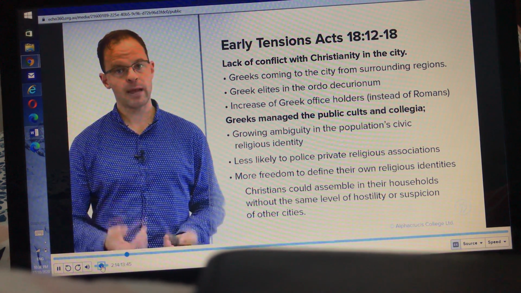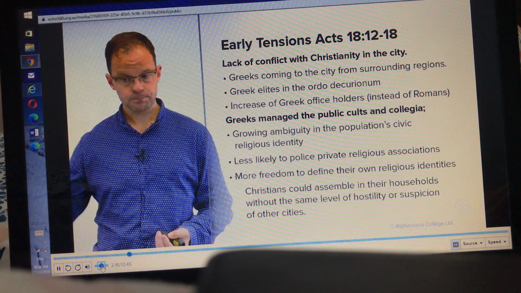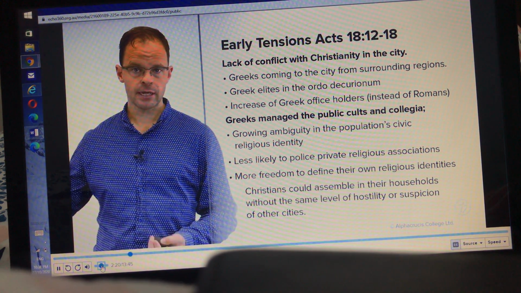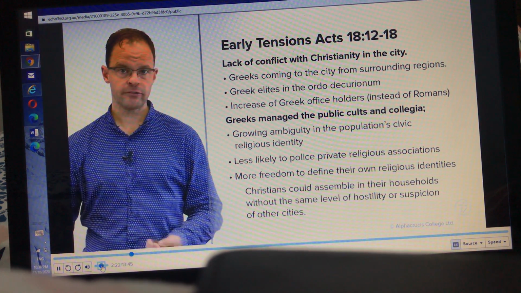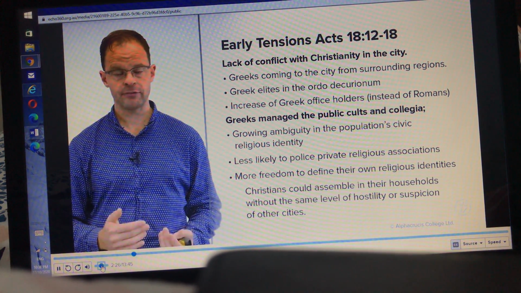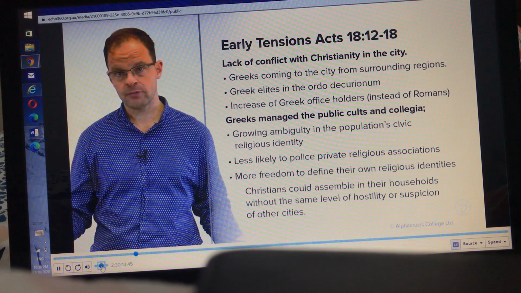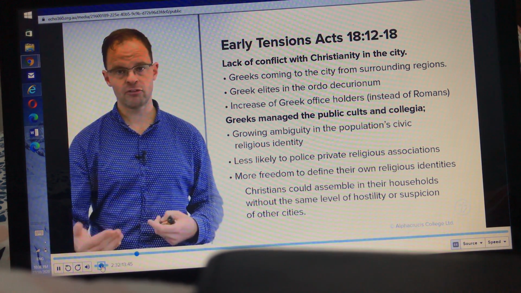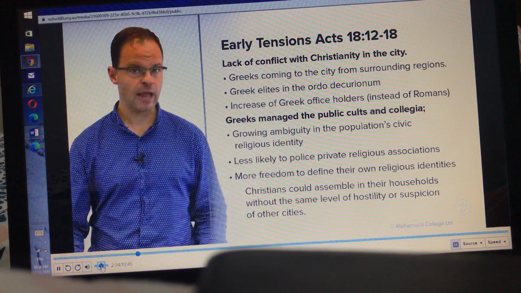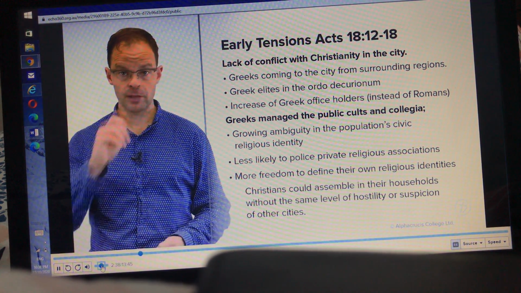And that's exactly what happens in Corinth. What you find in the early colony are a lot of local Greeks from the surrounding cities who aren't getting opportunities, particularly from Athens or Sparta. They're not getting the same opportunities in those bigger cities because the privileged positions are going to the established families and to the already established aristocracy of those places.